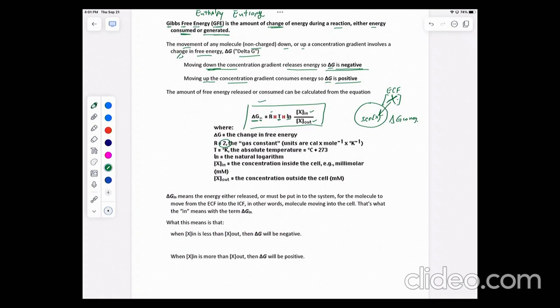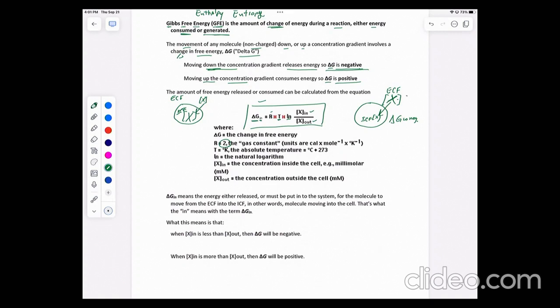All right. So coming over here, again, now let's just say I've got a little bit of X here, okay, and then a lot of X here, okay, you get ECF, ICF. And again, suppose that, say, okay, I want to move this X from outside to inside, just like what I do here.